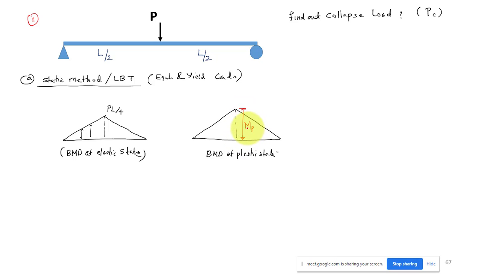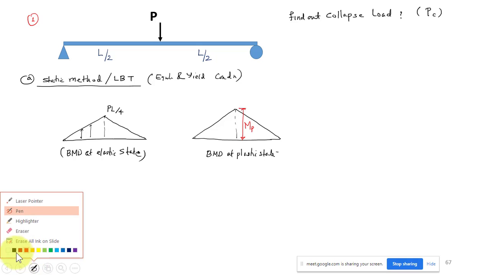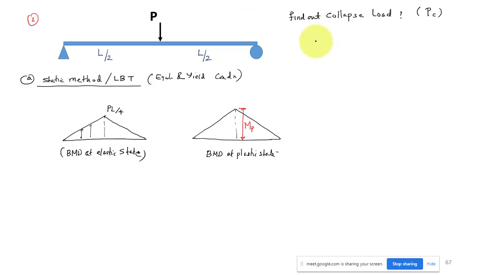Also, you should check in the beginning that it is a statically determinate structure, so the degree of static indeterminacy will be 0. It is not required here, but we need this for the upper bound theory anyway. The number of plastic hinges should be ds plus 1. So in this case only one plastic hinge is required to form for the collapse.